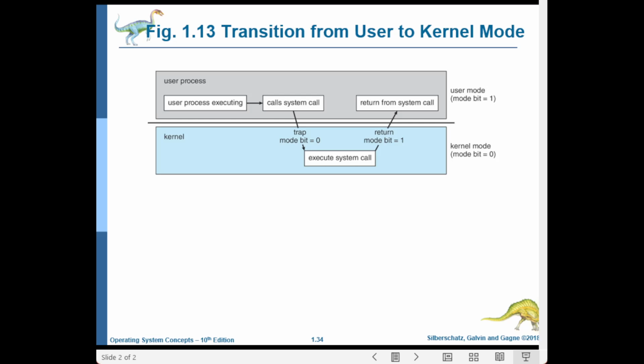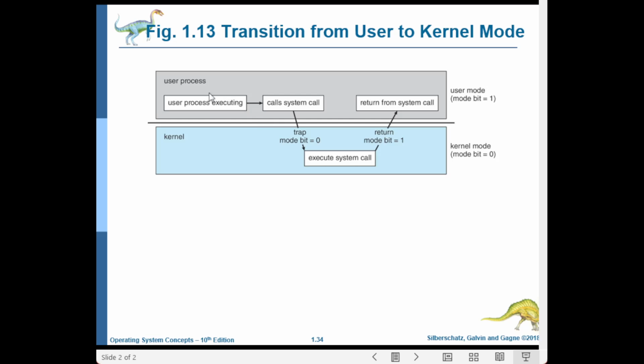So when a user starts a user application, or user process here, in the middle of the user process, it may make a system call. System call means that the process needs operating system services.